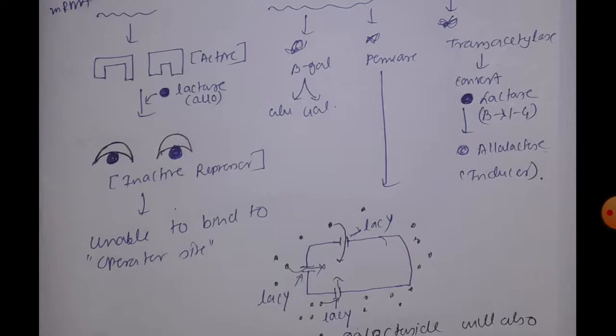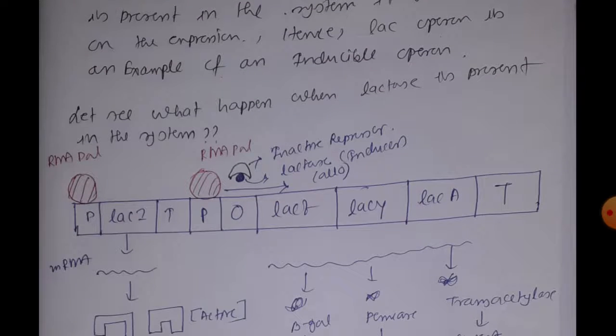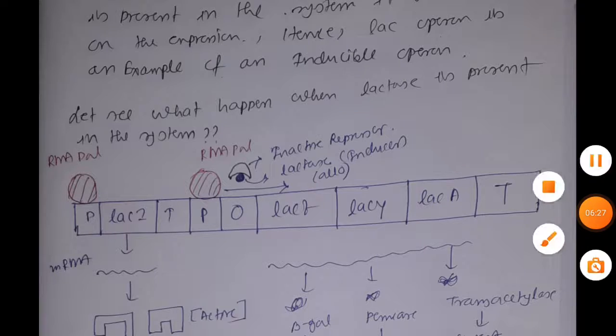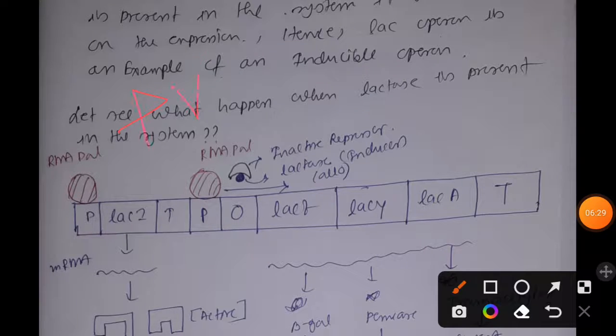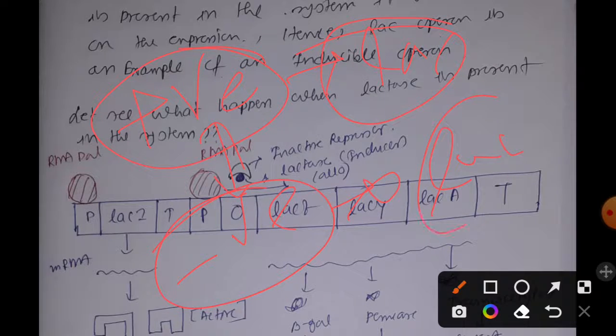That is how the entire regulation mechanism goes on, okay, and that is how the lac operon regulates from positive to negative depending on whether lactose is present in the environment or not. If lactose is present, positive regulation; if lactose is absent, negative regulation, okay. How? Let me repeat it: whenever lactose is absent in the environment, the repressor synthesized by lac-I is the active repressor.